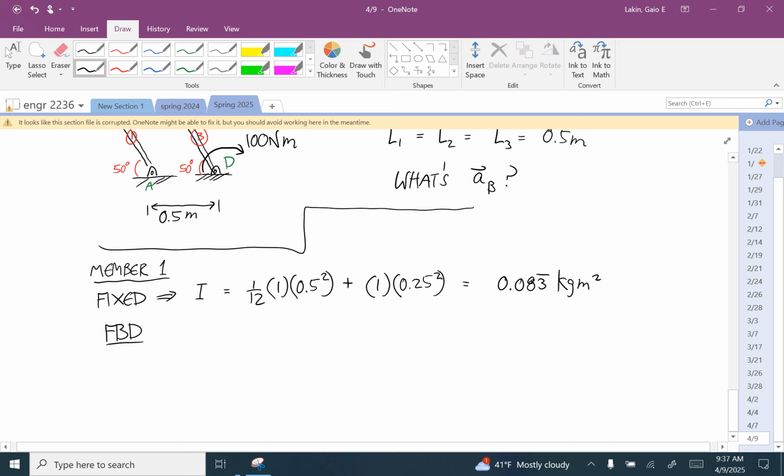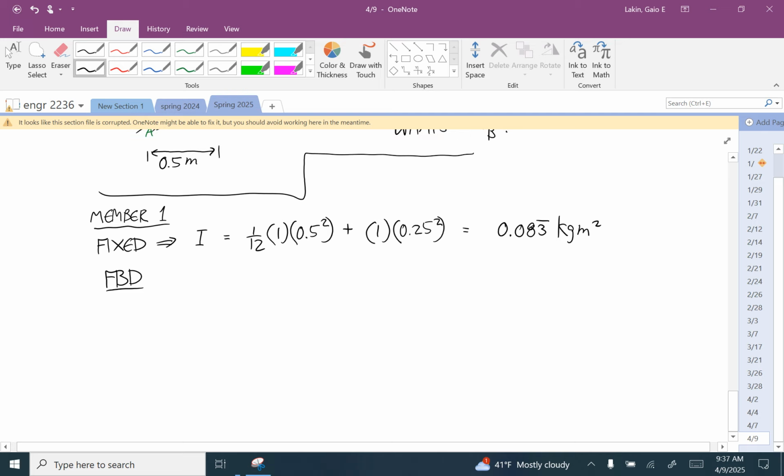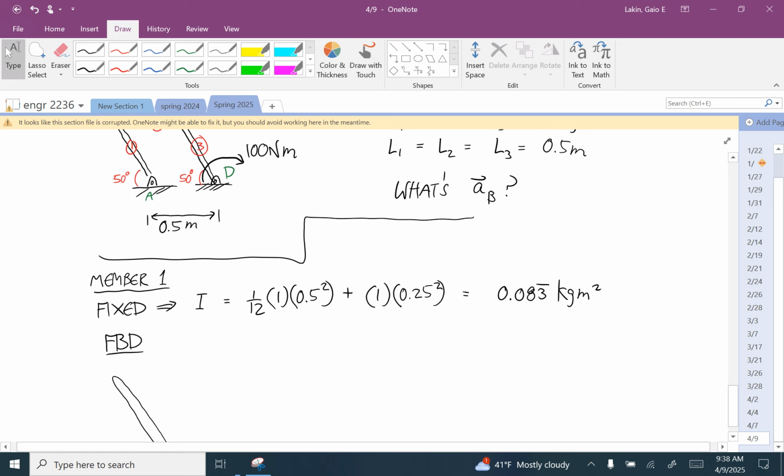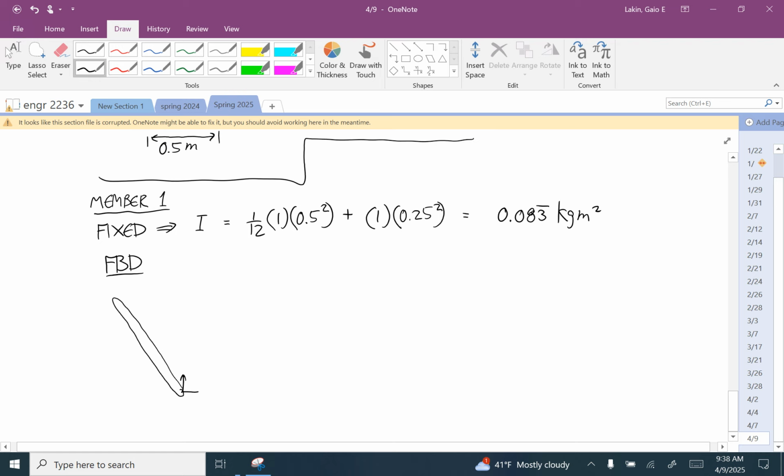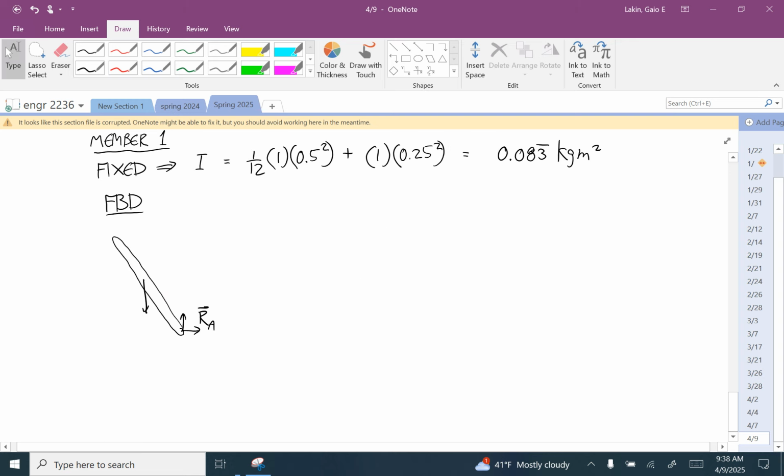Now, free body diagram. We have RA here, a weight force down of 9.81, and a force vector here of F12.